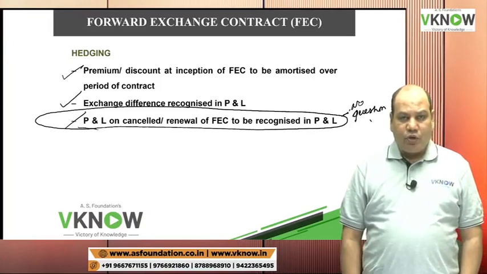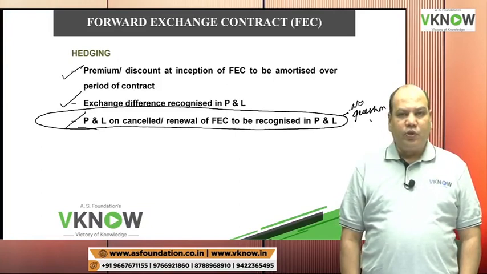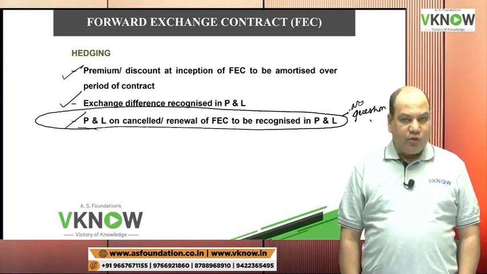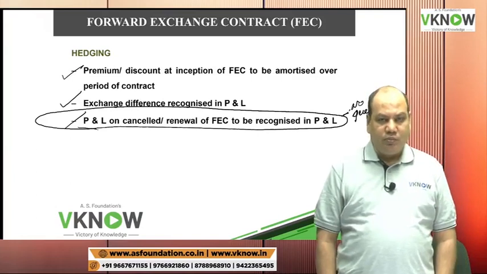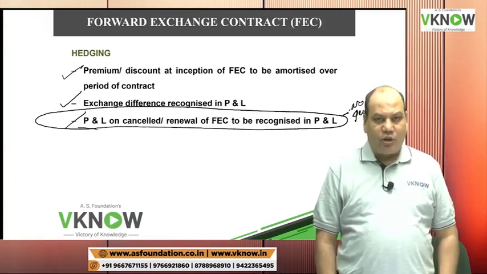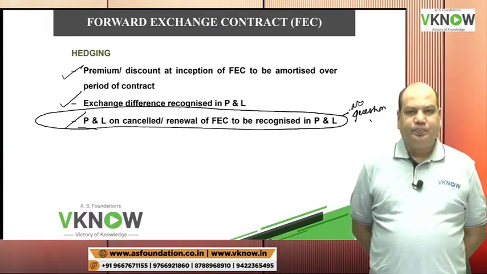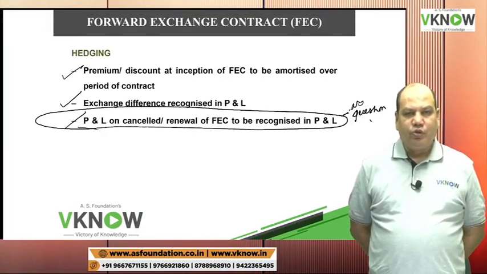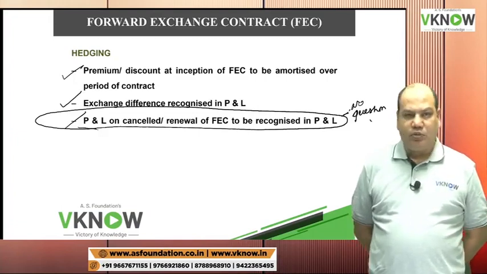First is any premium or discount will be amortized over the life of the contract. Second is exchange difference will be recognized in P&L account in the period in which they occur. Any profit or loss on cancellation or renewal will be transferred to P&L account.